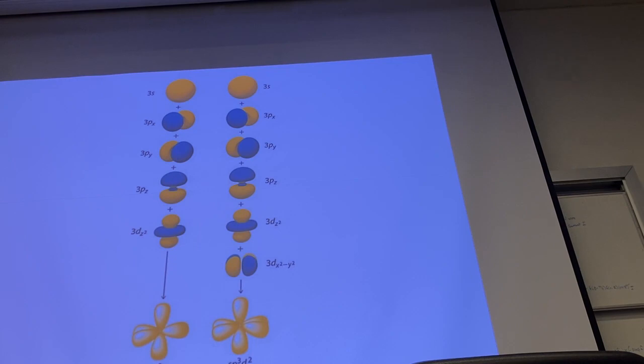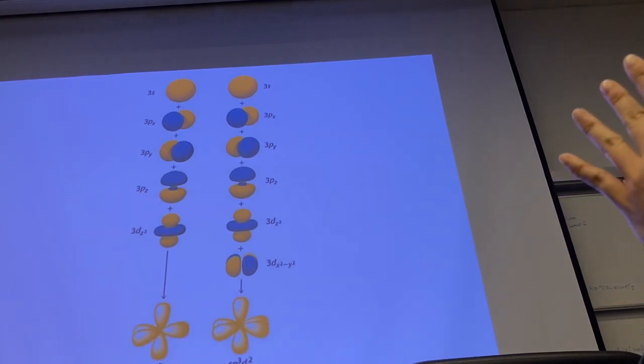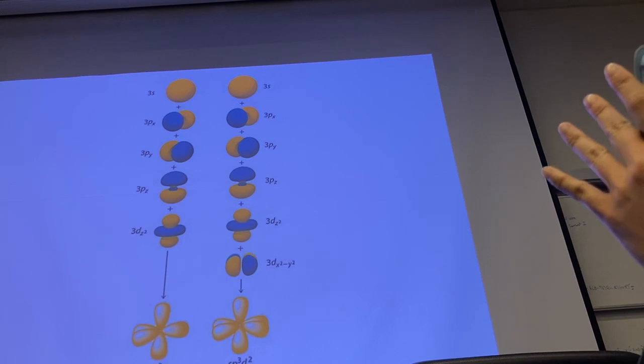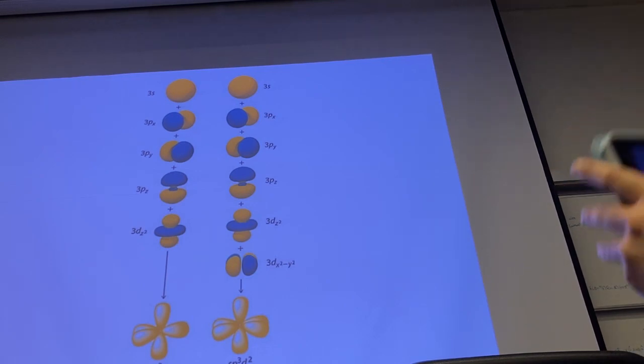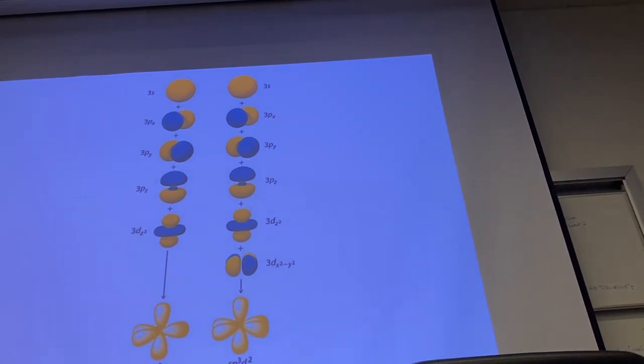Or I can throw in another d orbital to create this arrangement, sp3d2, which is, of course, a very important arrangement for atoms like sulfur and phosphorus, which are in n equals 3, and have d orbitals close by in energy. So these are very valid descriptions for understanding these bonding patterns.